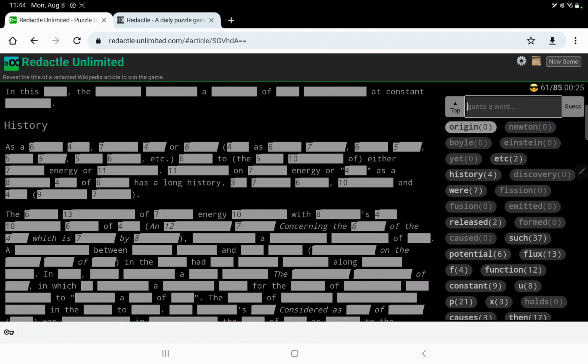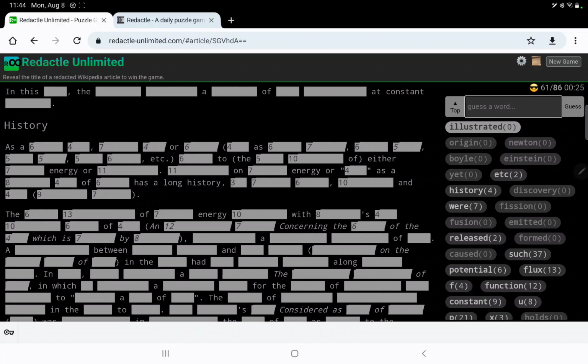No. Of the 4, which is something by 8. Oh my goodness. And illustrated? No, surely not. No. An investigation? No, too many letters.